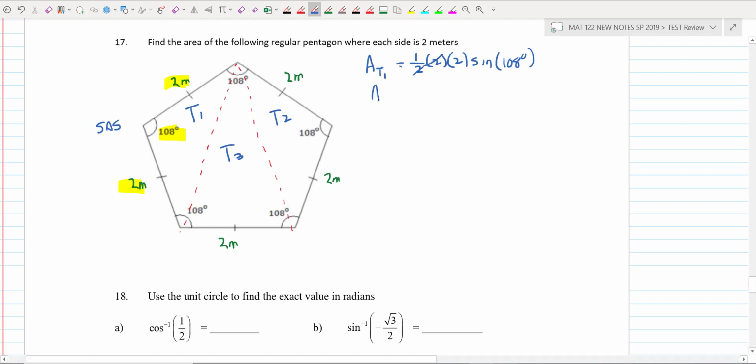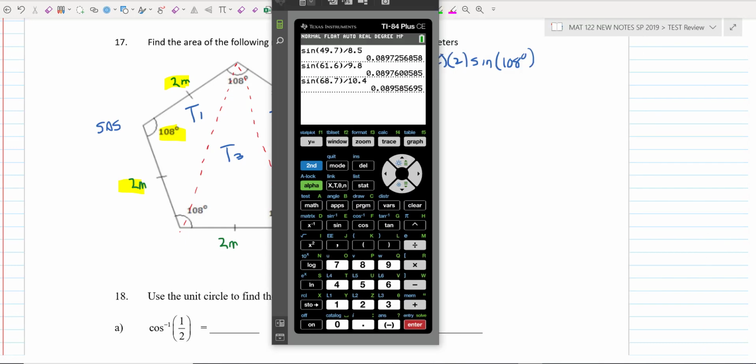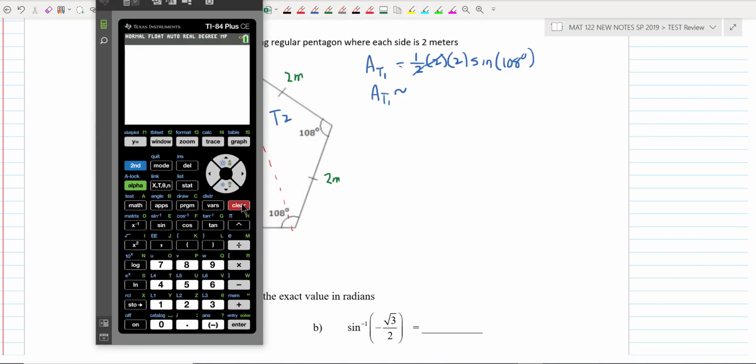So the area of triangle 1, notice the 2's divide out, so we can now just do this computation. If we just do, in degree mode, 2 sine of 108, that'll give the area of that triangle. So that's about 1.9 square meters.